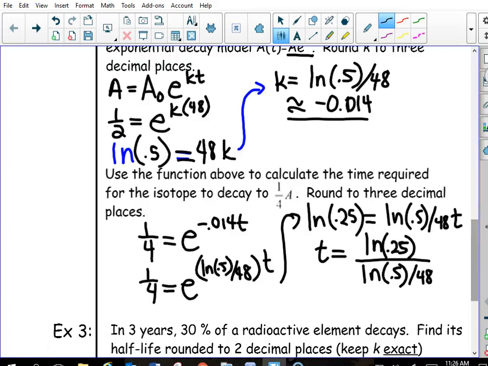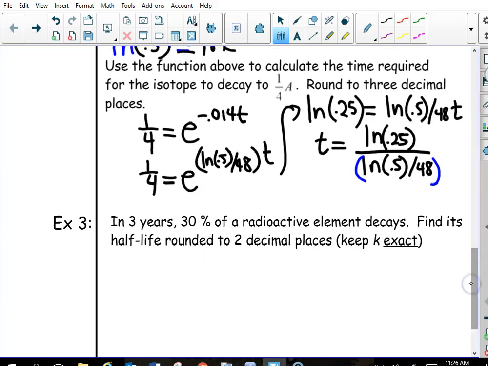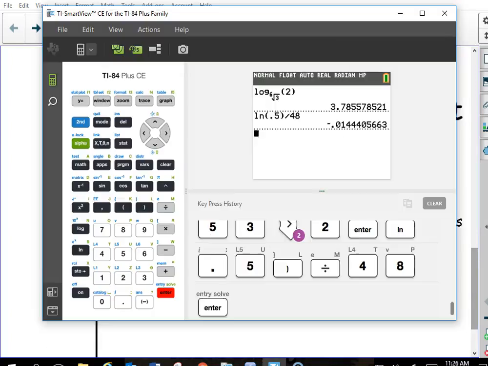Now, I'll warn you, when you put this in the calculator, and again, you have to get the rounding right, to get the number right to enter as a decimal into the quiz, you have to put parentheses around the denominator. Otherwise, it won't do it in the right order of operations. So we've got ln 0.25, ln 0.5 divided by 48.